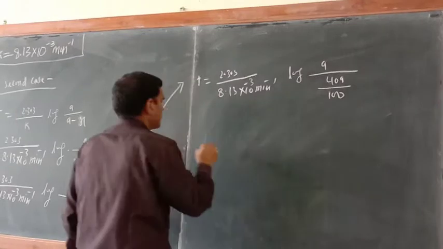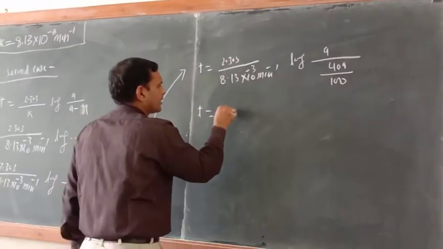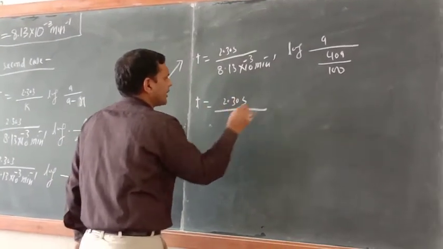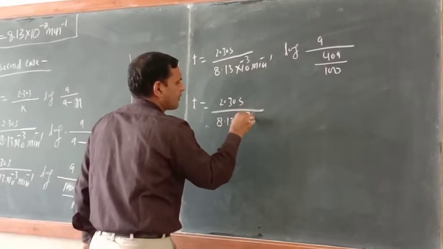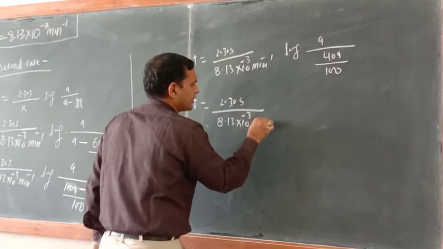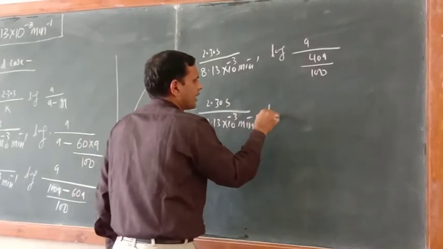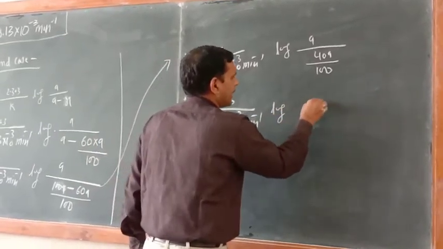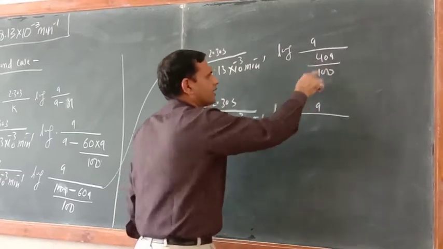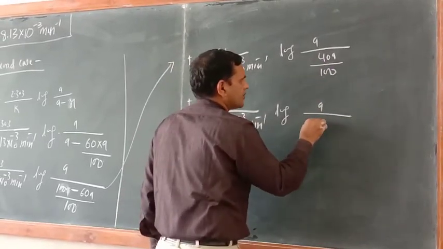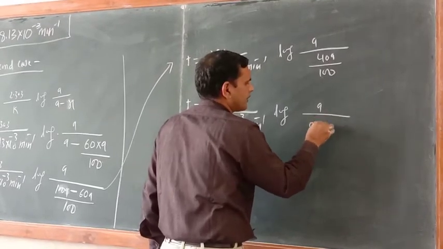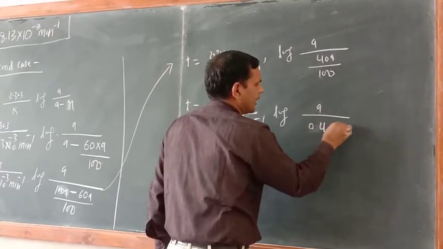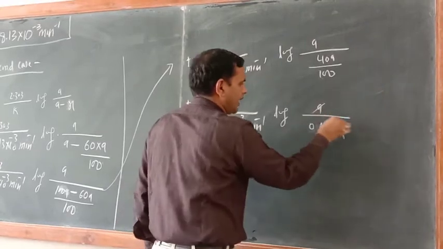So t equal to 2.303 divided by 8.13 into 10 raised to the power minus 3 minute inverse. Here log a by 100 and this one. So this will be 0.40a. So now a will be cancelled out.